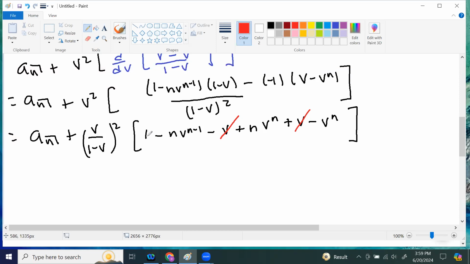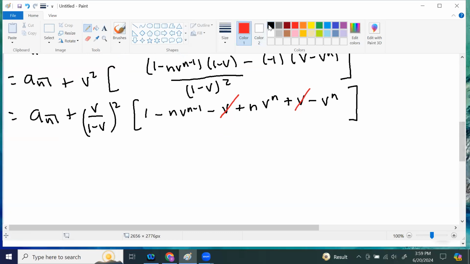Now you notice you have this 1 and you have this minus v^n, so let's just deal with that. And we'll just keep this. Now we're going to end up doing something with this factor here. We'll be doing something with this pretty soon. What I'm going to do is I'm going to take this 1, I'm going to take away this v to the nth power.